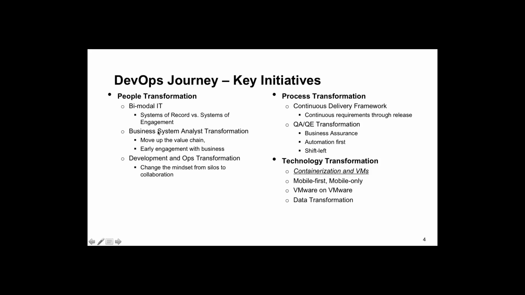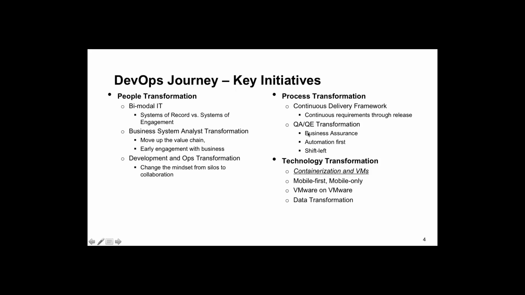And then we have worked with various teams, including business system analysts, development teams, and operation teams, in transforming the people and the mindset, coming out of their silo thinking within their own organizational responsibilities, and thinking broader, adding towards the business goals of expediting the deliverables all the way from development into production.